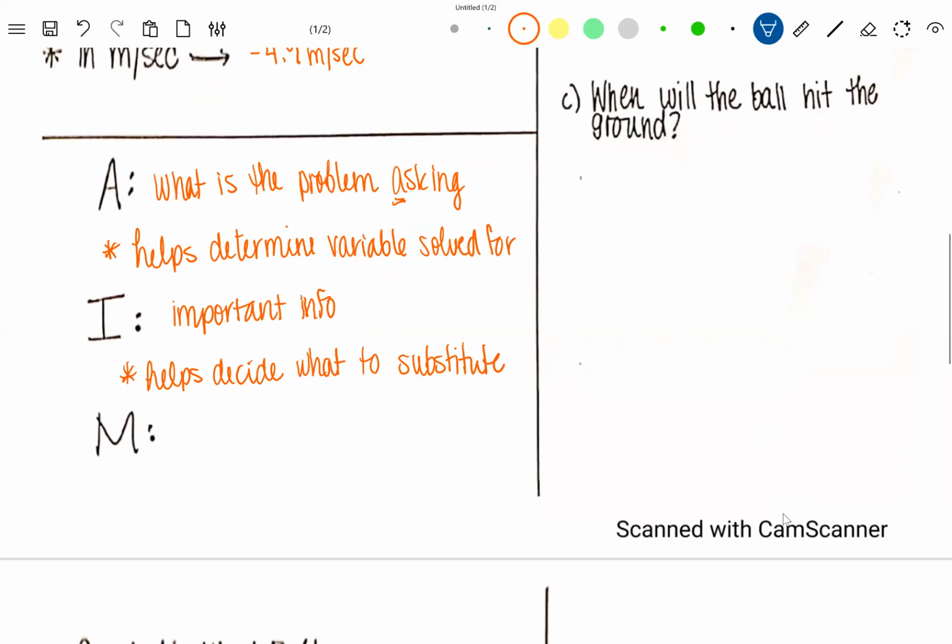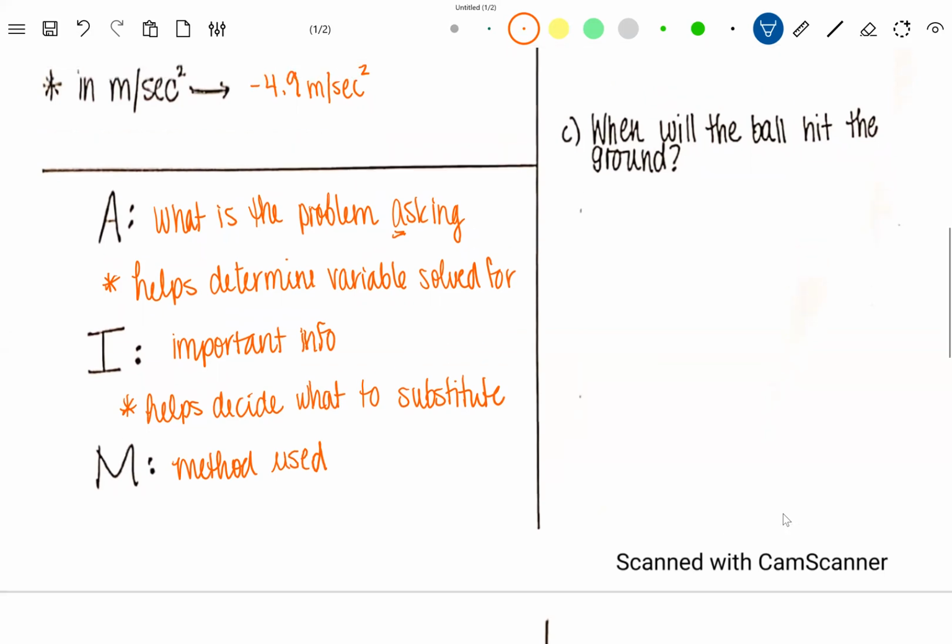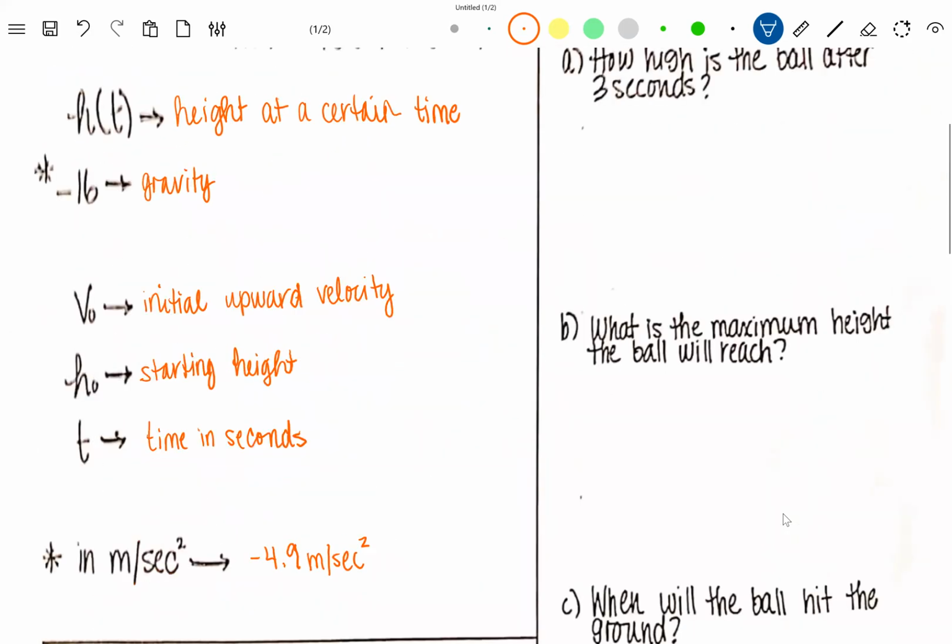And then M is the method used. You don't have to write down the method used, but in any word problem, you might have to figure out the formula or how you would come up with it, and that's what method you would use. So let's look at the example here.